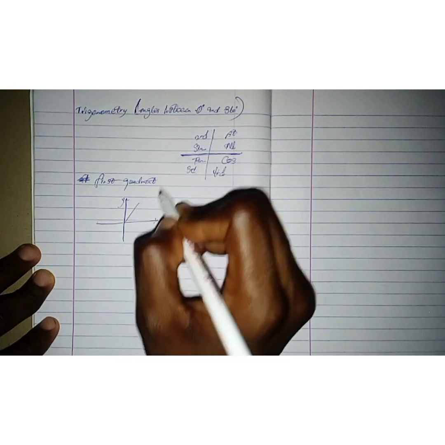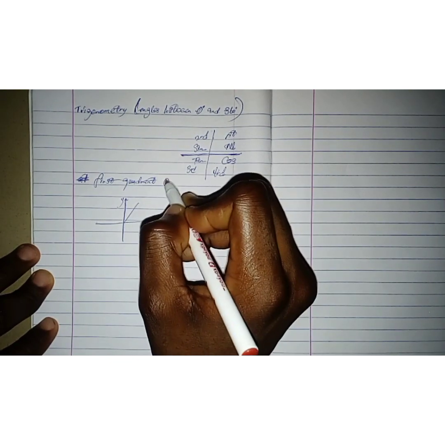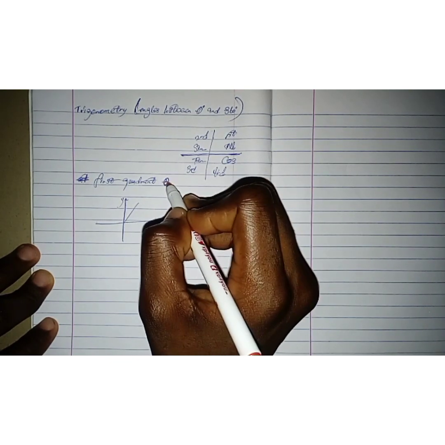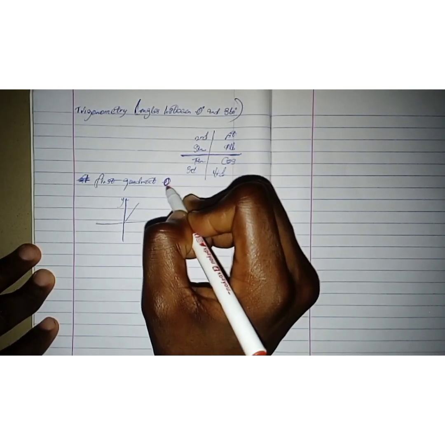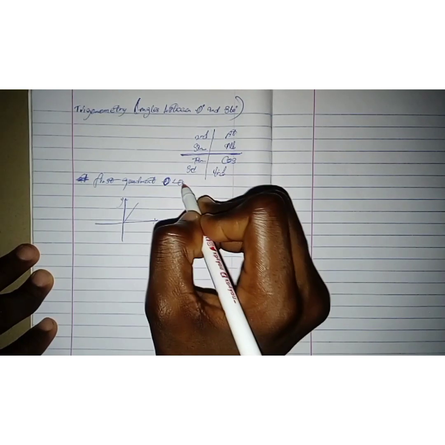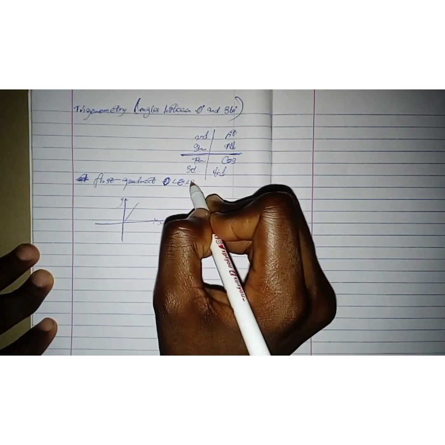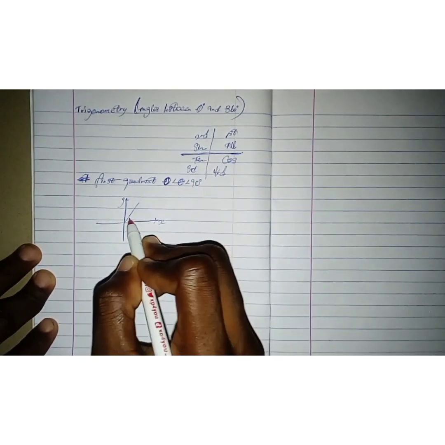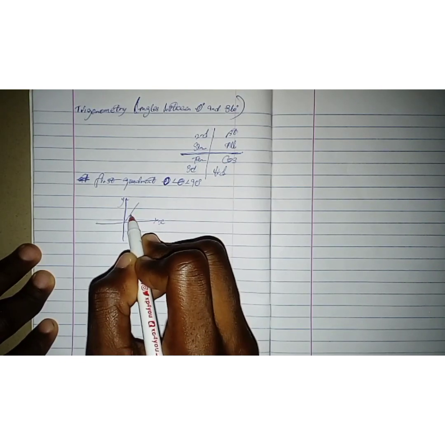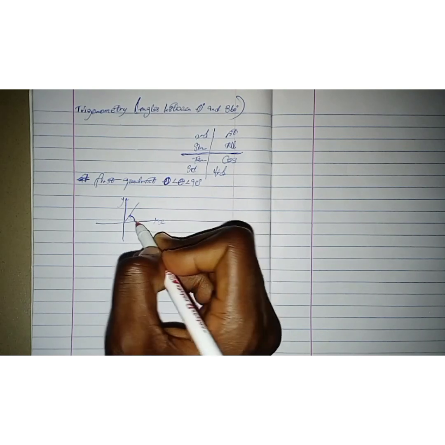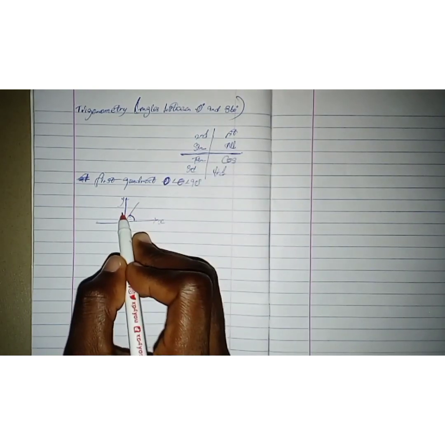At the first quadrant, where 0 is less than theta, and theta is less than 90 degrees, which is the angle here, greater than 0 degrees but less than 90 degrees.